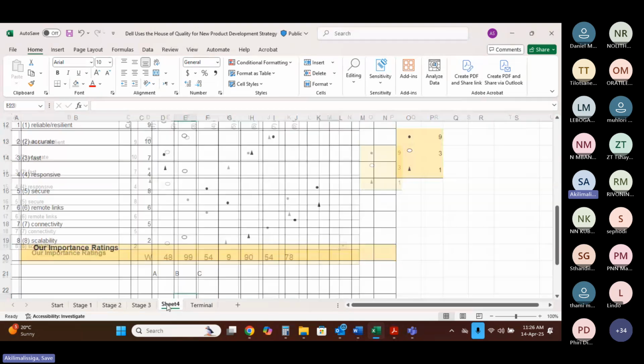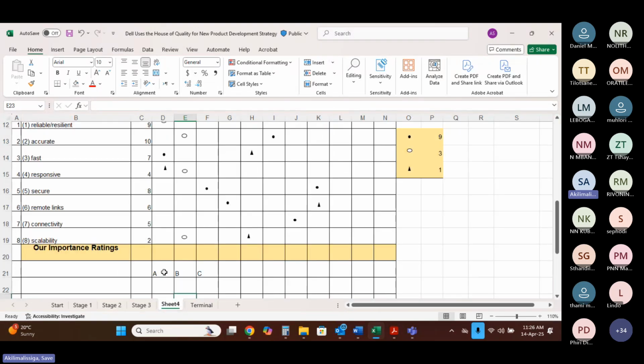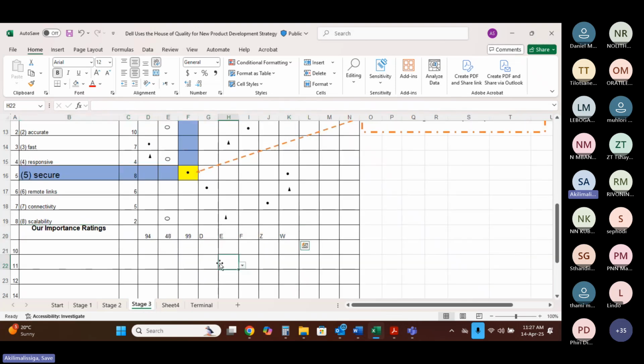All right. So coming back to what I was saying about our importance ratings, you need to know how to calculate them, because this will be based on the relationship that you have created.